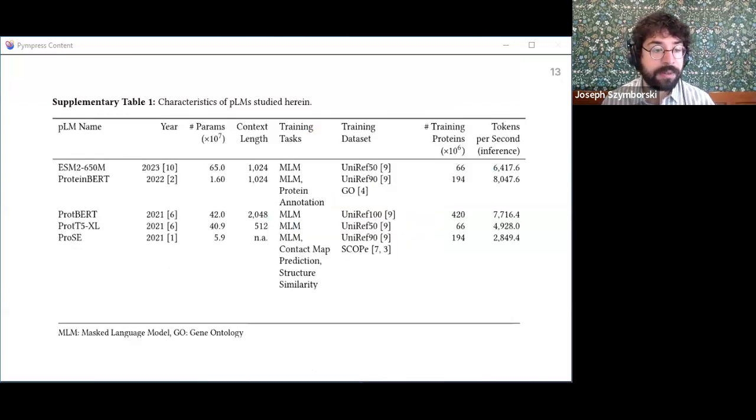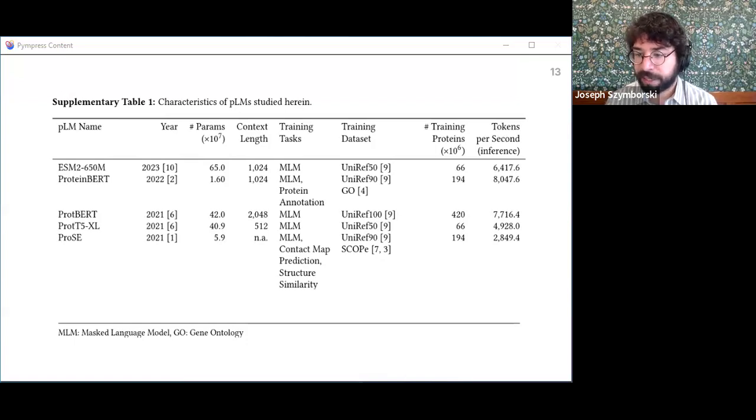Here we see a bunch of the pLMs that we use specifically in this study. They range from ESM2 to ProtT5 to some of the older ones like ProSE. They were released over the course of, between 2021 and 2023 in this case. The training data sets are very different.